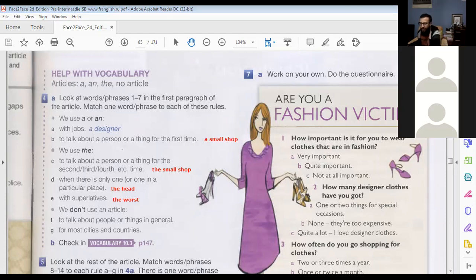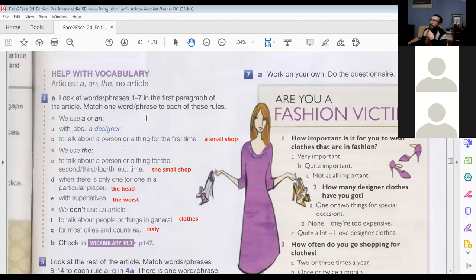So if you're talking about things in general, you don't need to use an article. What about America and Italy? Why didn't we use an article? Countries. Yes, for most countries, there's no article. So you say Libya, you say Italy, but we also say the United States.